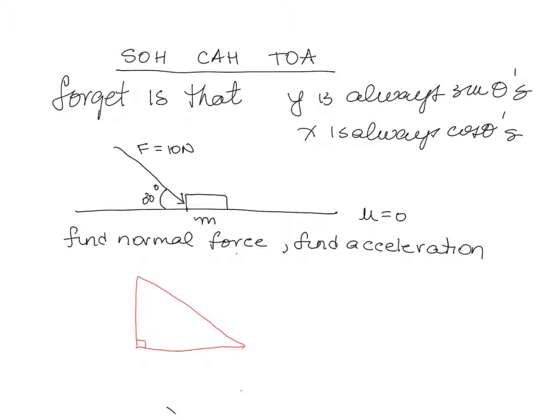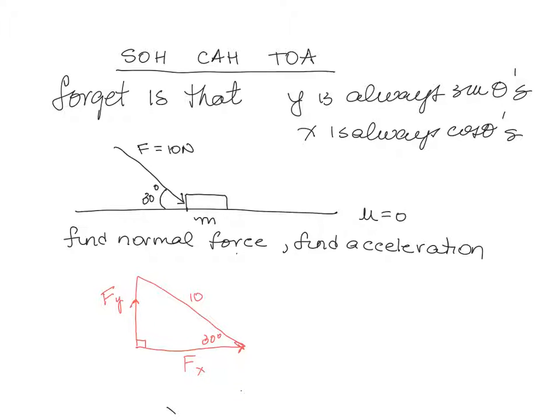So this is a right angle, this is 10, this is 30 degrees. This vector represents the force in the x direction, and this vector represents the force in the y direction.